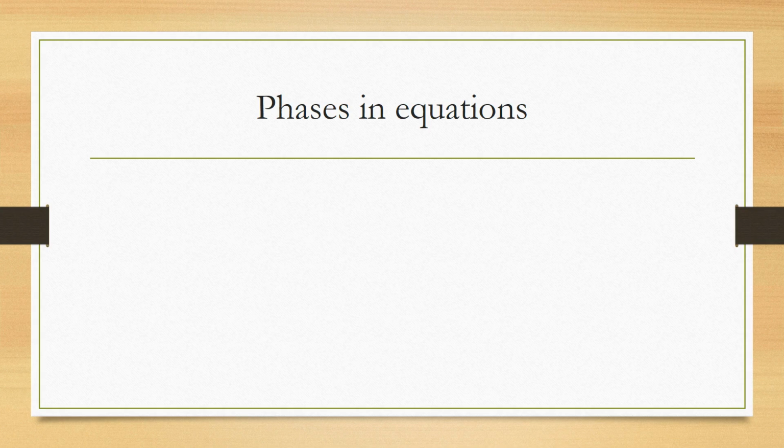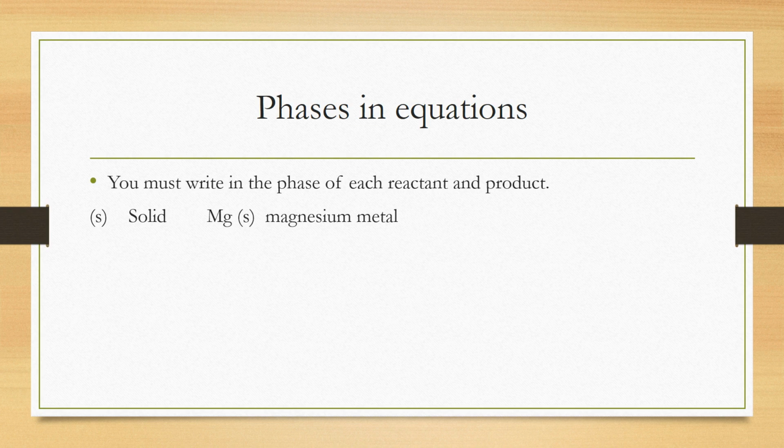All right. So recall from yesterday, when we're writing chemical equations, if we want to record the phase of a material, we can use these little annotations. A lowercase s inside of parentheses tells us that it's a solid.